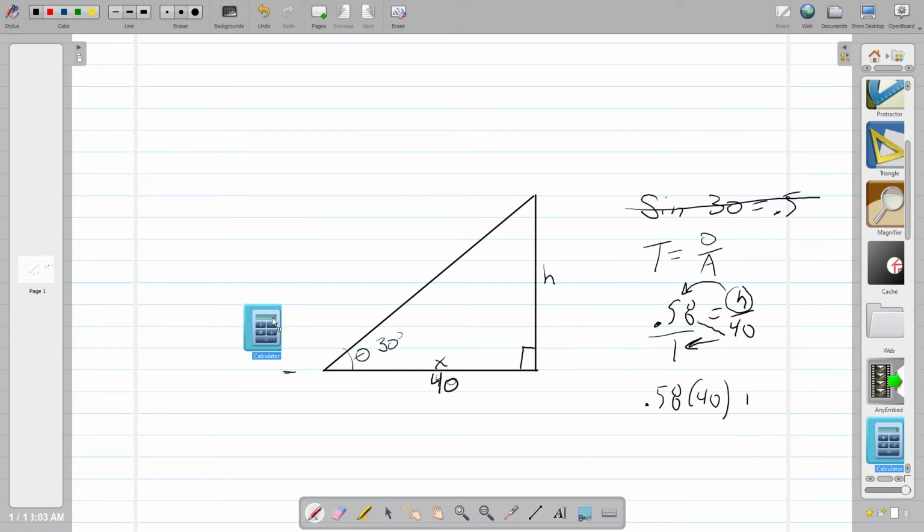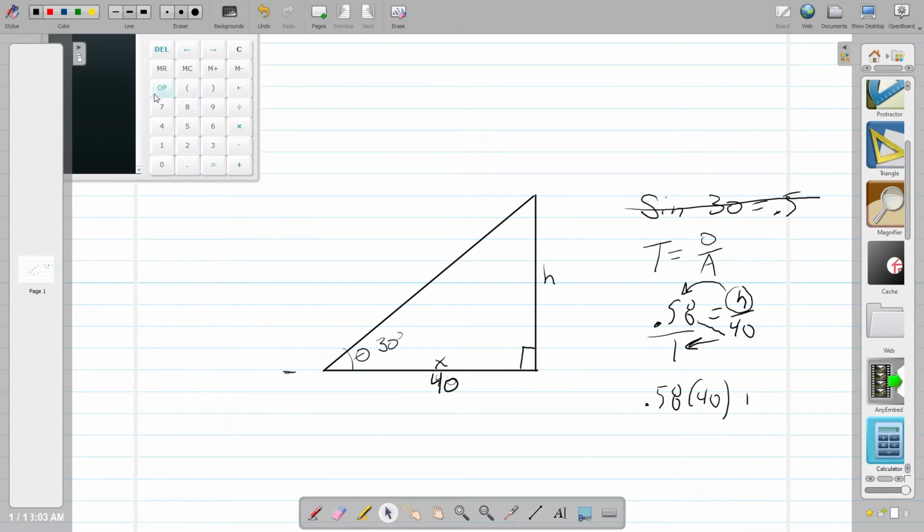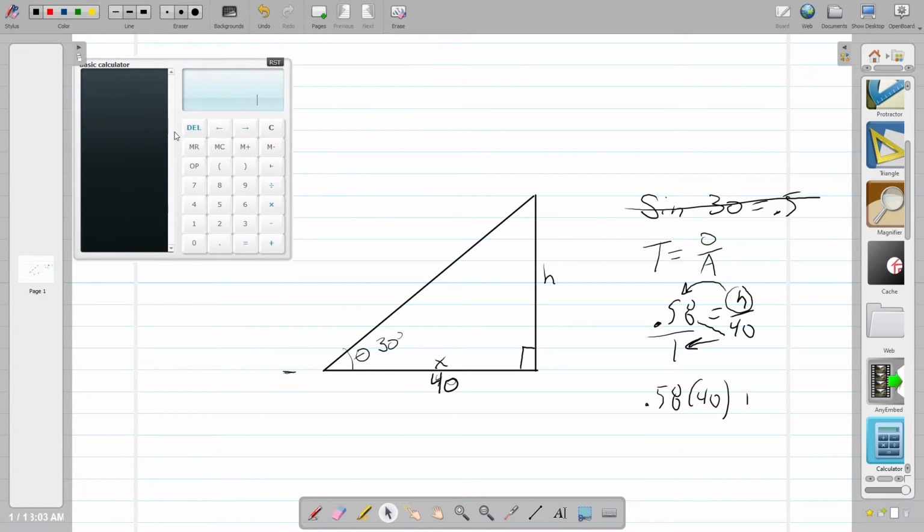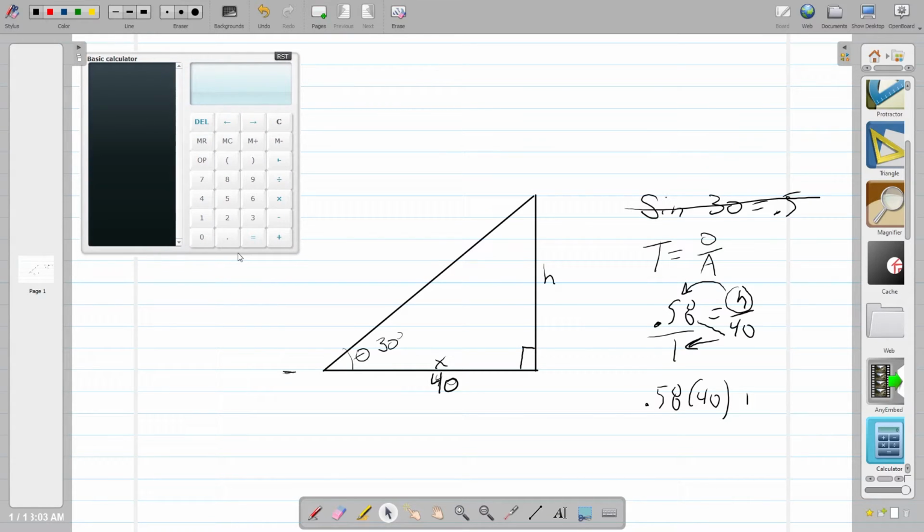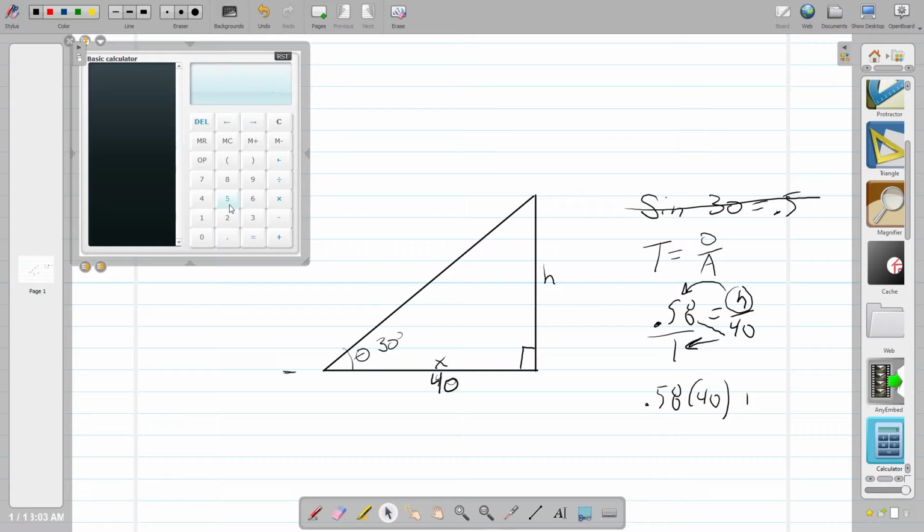It's obviously more effective if you have a nice calculator and you can just hit tan 30 and then multiply it by 40, because that'll give you more decimals and be more accurate.